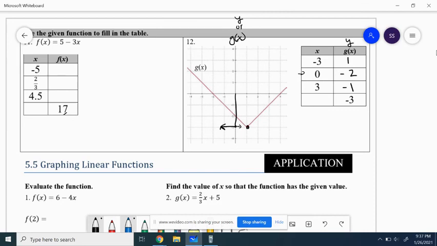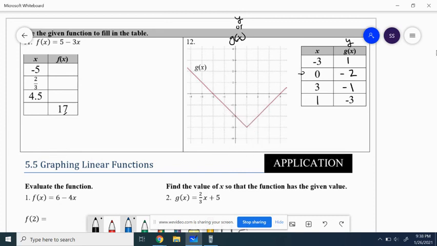And I find the function right here, and this is at point +1, -3. So here's my x value, here's my y. So when the g of x is -3, my x value is 1.